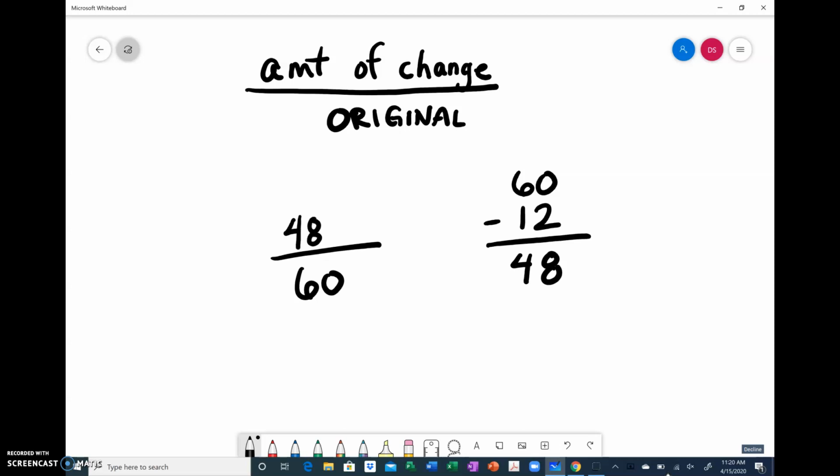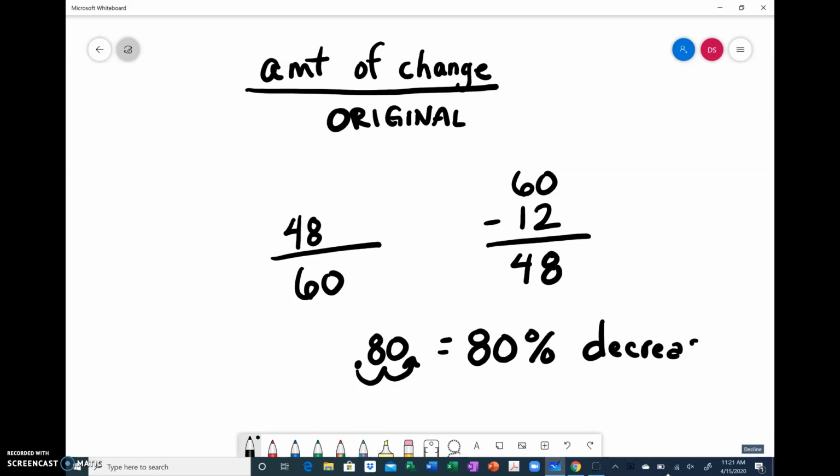Using my calculator, I'm going to do 48 divided by 60. That gives me 0.8. I have to transfer this to a percent. So it was an 80% decrease because my new number was less than my original.